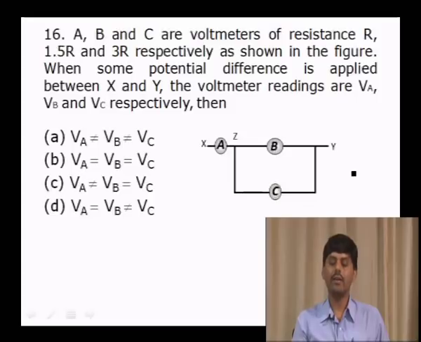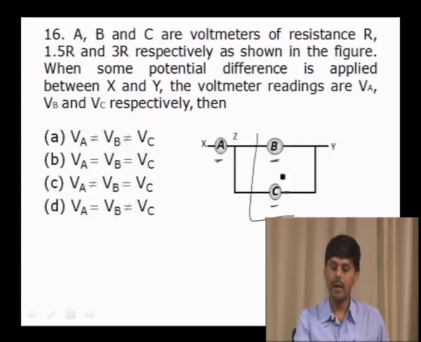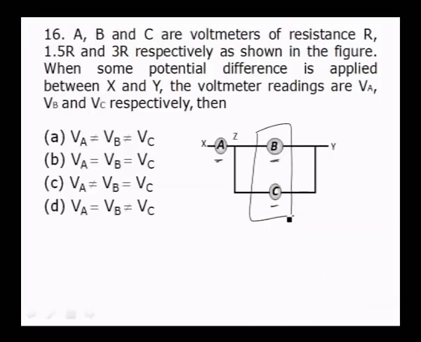Okay. Here they were given the 3 voltmeters. This is the first one, this is the second one and this is the third one. These two are connected in parallel. According to the problem, this value is 1.5R and this value is equal to 3R. They are connected in parallel.